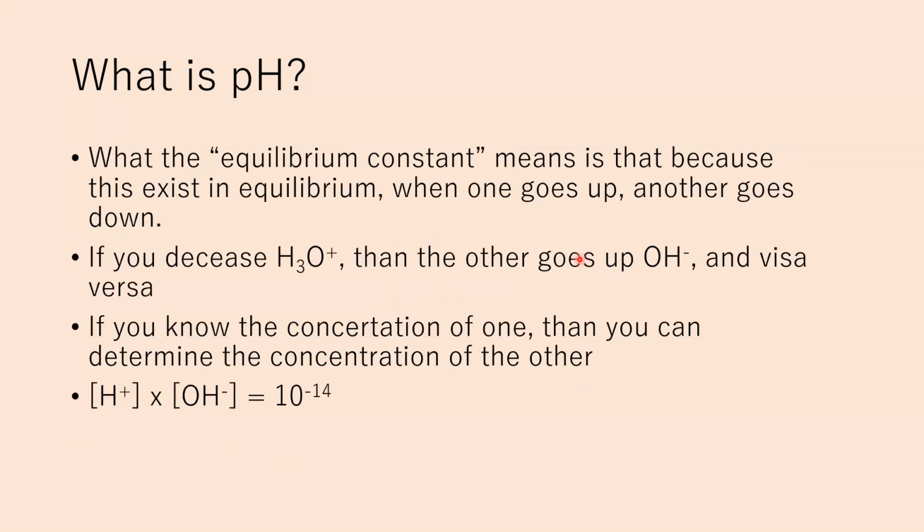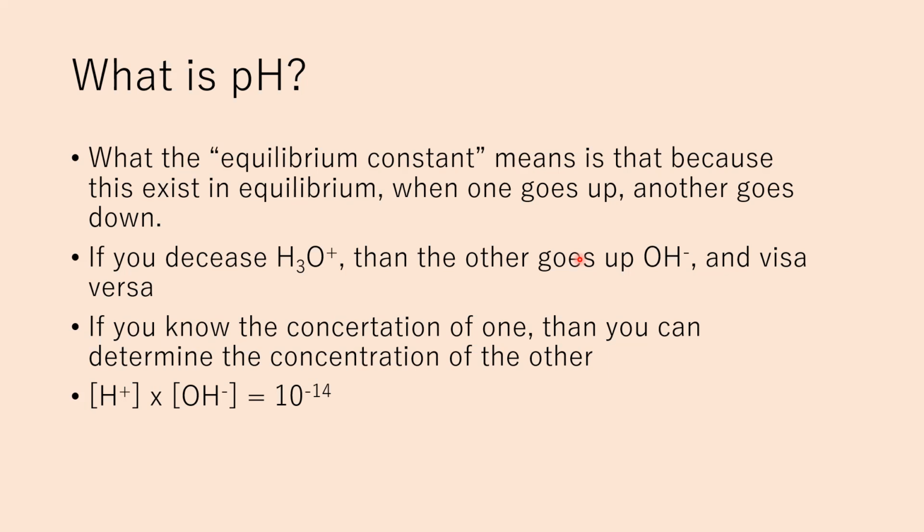What this means is that because these two compounds exist in an equilibrium, when one increases, the other decreases. If you decrease the concentration of hydronium ions, which can also be thought of as hydrogen ions, for example, then the opposite of that, which is a hydroxide ion, increases in concentration, and vice versa.